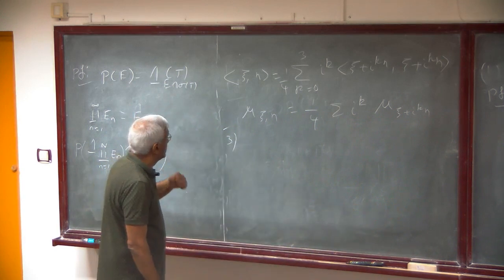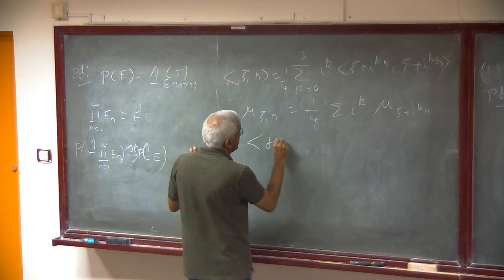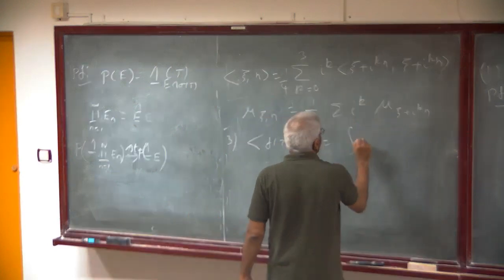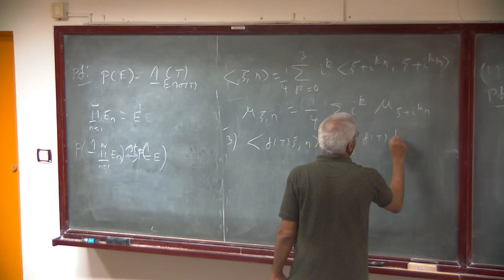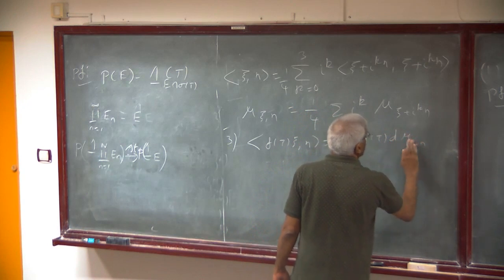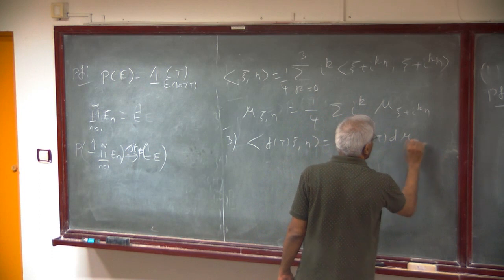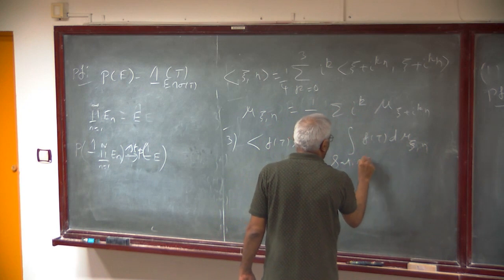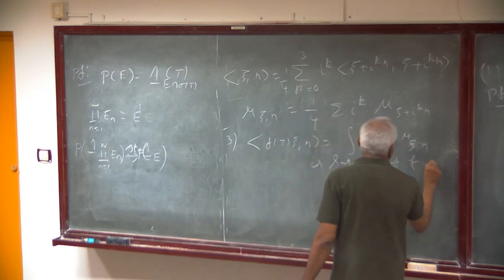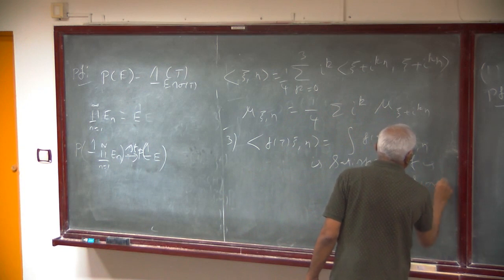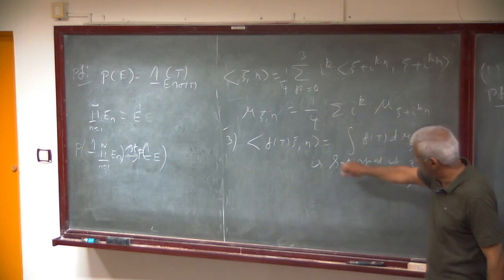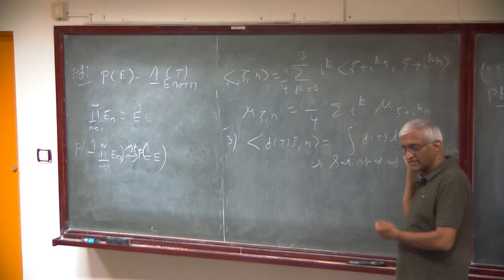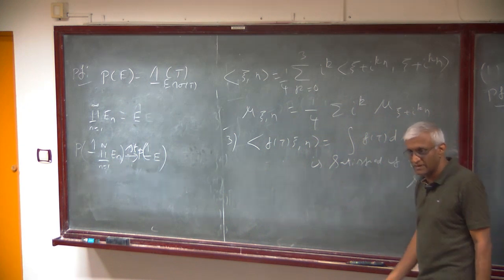So we know this satisfies: the inner product of f of t xi, eta equals the integral of f d mu xi eta, is satisfied if f is simple. You take a simple function 1 E, so it is precisely that. If you integrate with respect to that mu, it is precisely the same statement.